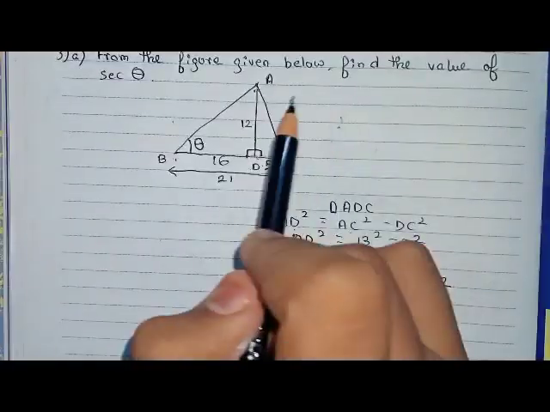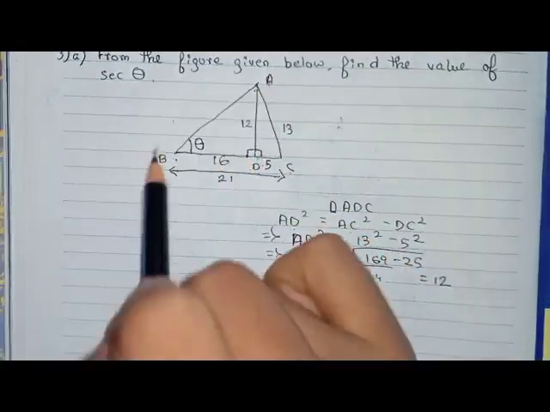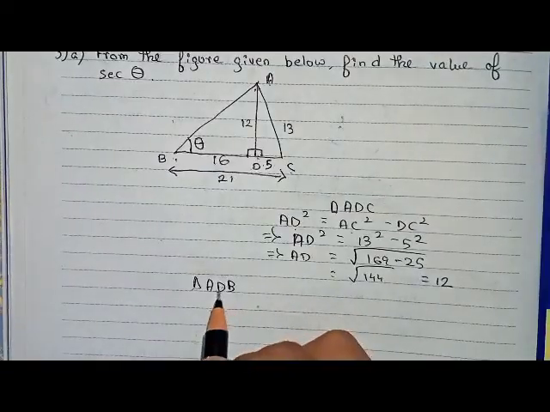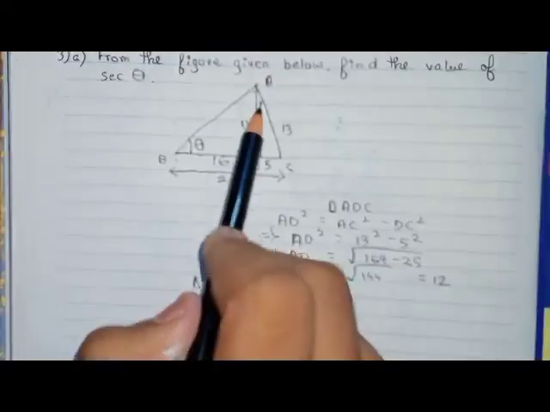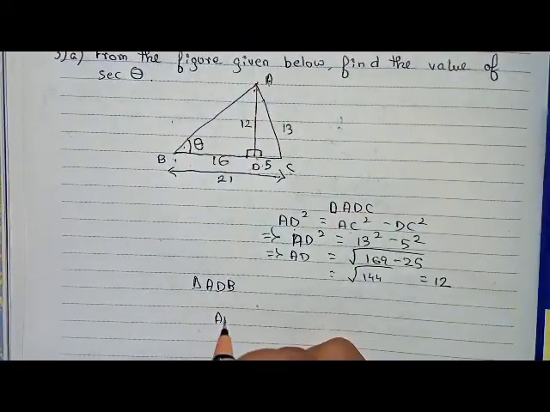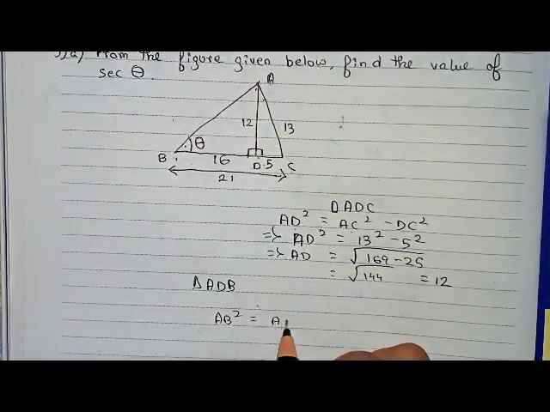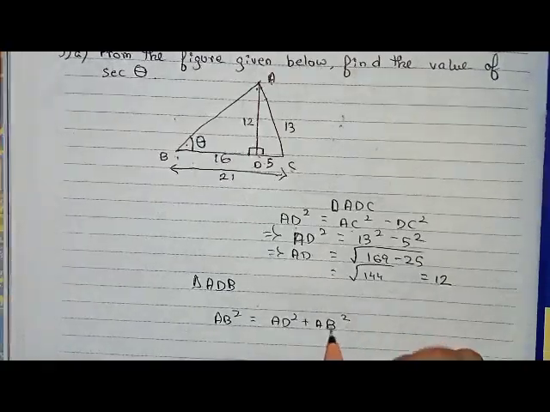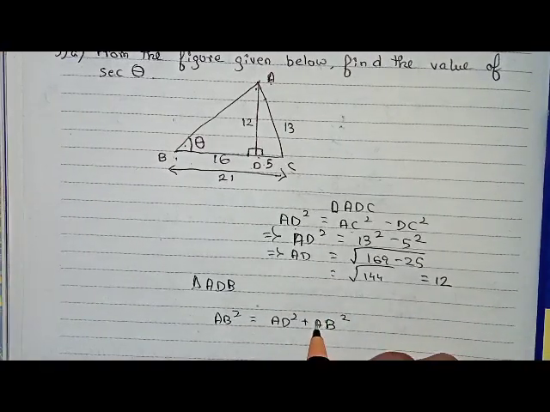Now we have to apply the Pythagoras theorem in triangle ADB. I have to find out the hypotenuse only. AB is the hypotenuse. So AB square will be equal to AD square plus DB square.